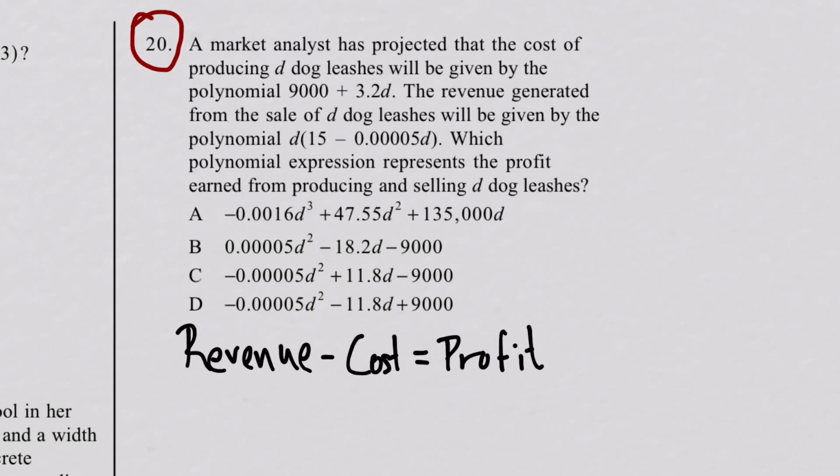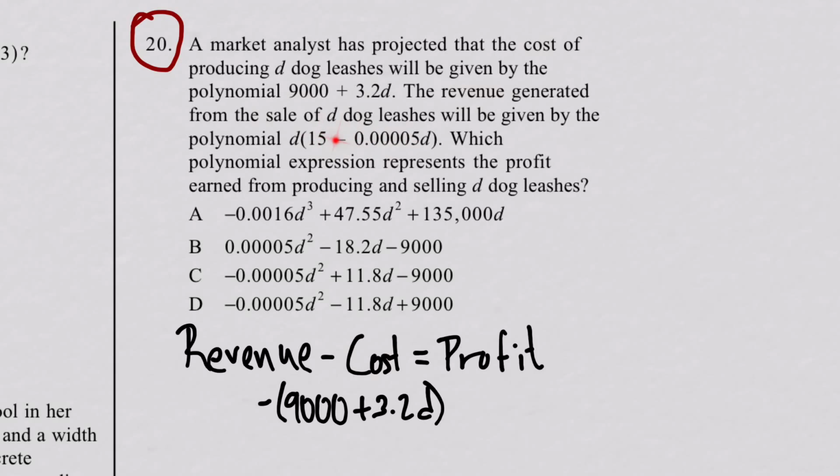So following that, it says here that the cost of producing the leashes will be 9,000 plus 3.2D. So they're giving me, in this case, the cost is this. So I'm going to put that here for the cost. So it's going to be minus, and then 9,000 plus 3.2D. Also, they are giving me that the revenue is this amount right here.